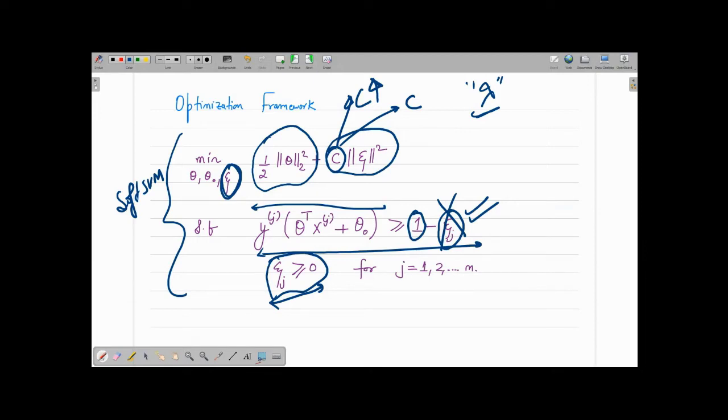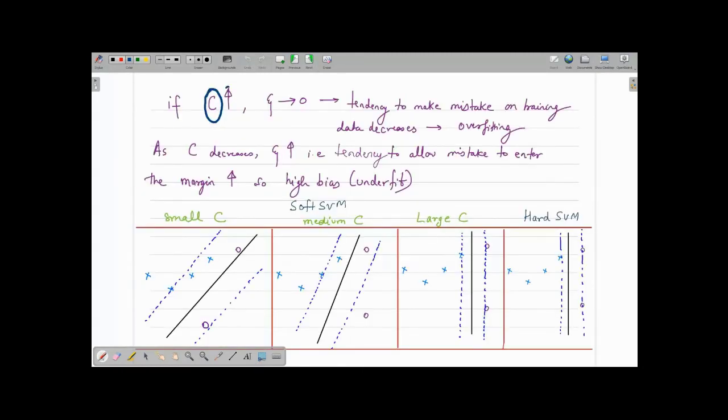If you recall our earlier lectures on underfitting and overfitting, here the same story is going on. If you increase C, your zeta will become close to 0, in the same way as it was in linear regression when we were discussing regularization.